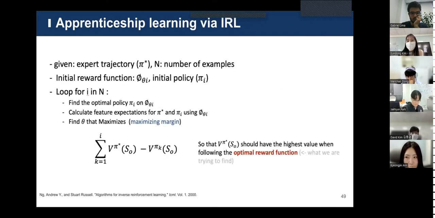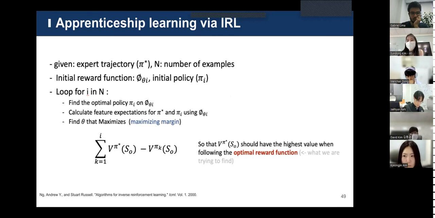One of the basic algorithms using IRL is apprenticeship learning via IRL. When given an optimal policy from expert trajectory, an initial reward function phi, and an initial policy of the learner, we loop the following algorithm.